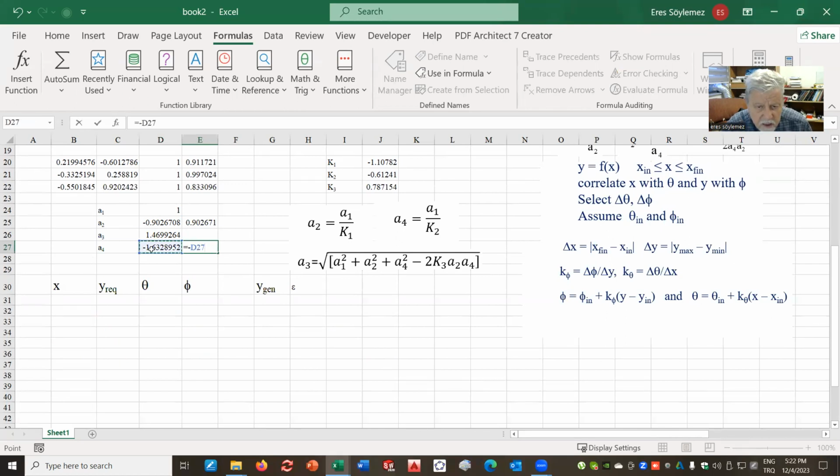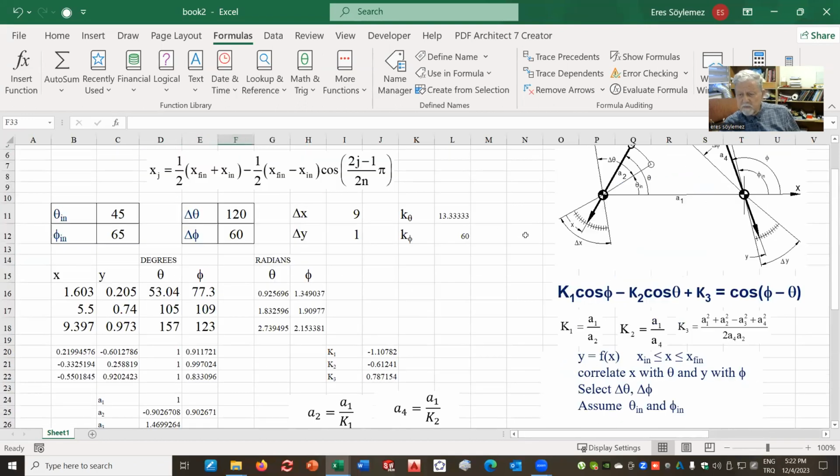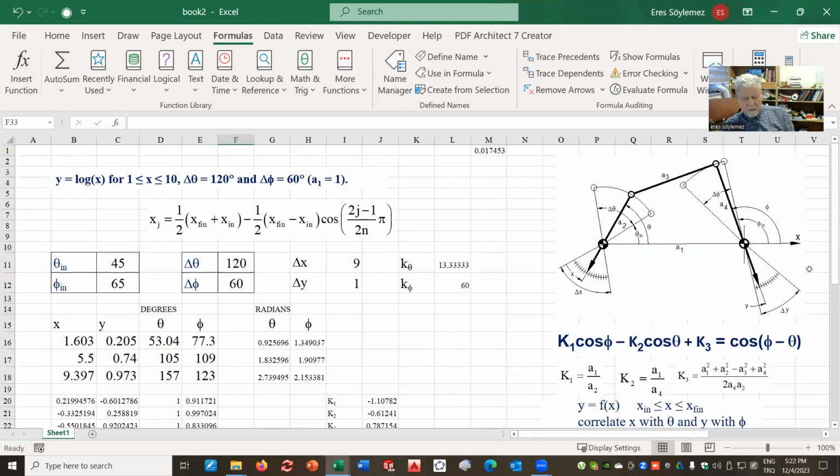Otherwise, make it positive. I have to analyze this mechanism. Normally, for the analysis, I can write the formulas, etc., and perform this analysis.